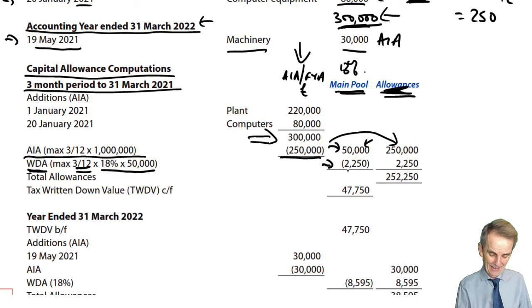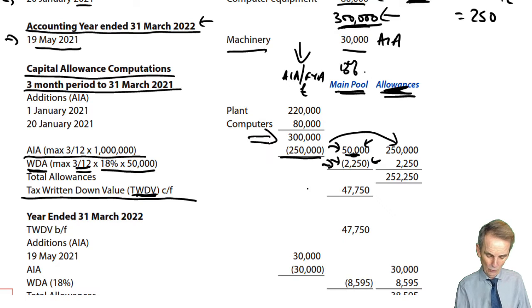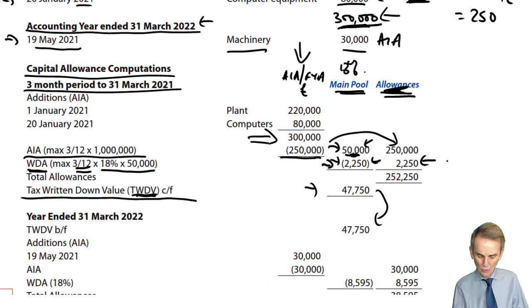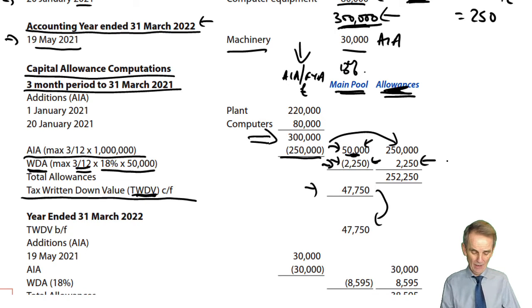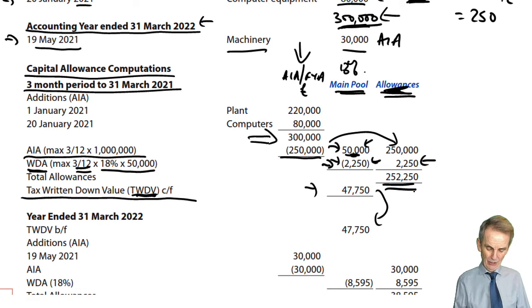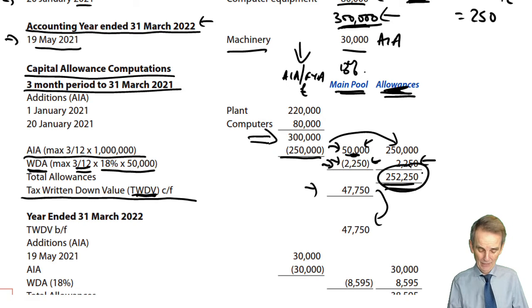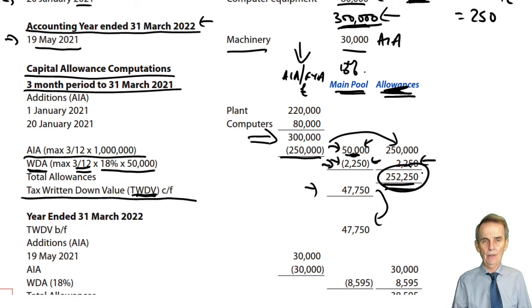Deduct it here in your main pool. So we've taken of that £50,000 of expenditure qualifying now for WDA, we've taken 2,250 this period, giving us a tax written down value, TWDV, as we'll shorten that to, to carry forward, of 47,750 into the next accounting period. We've been able to claim 2,250 on that expenditure, meaning our total allowances available, a very large number, £252,250.